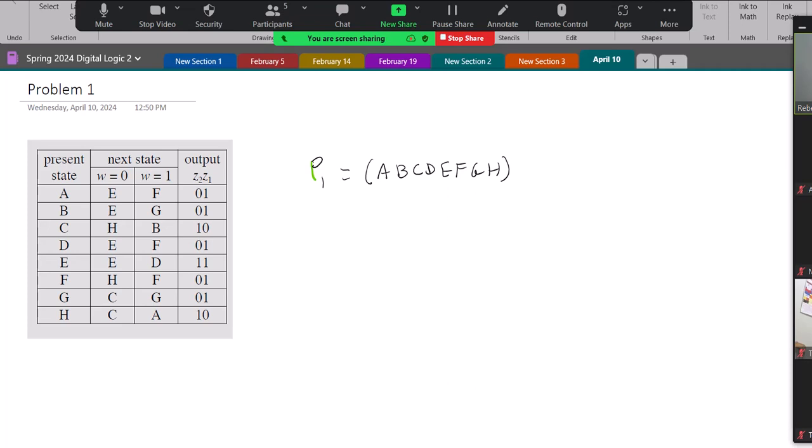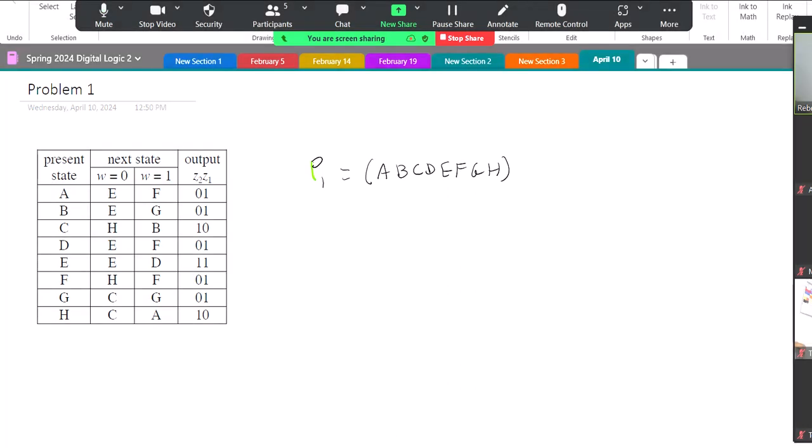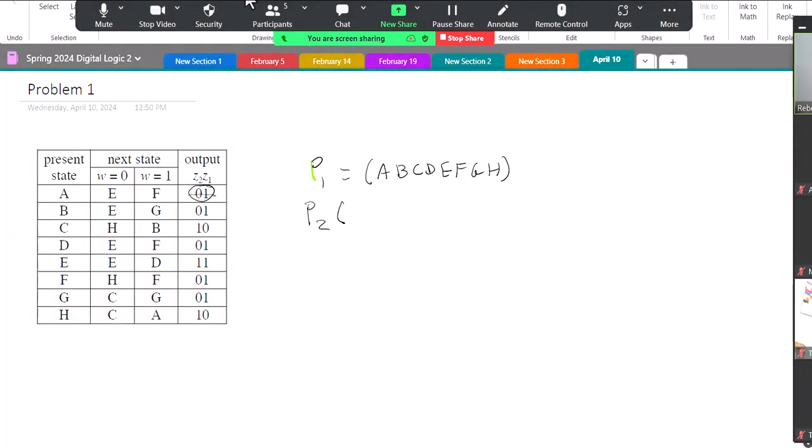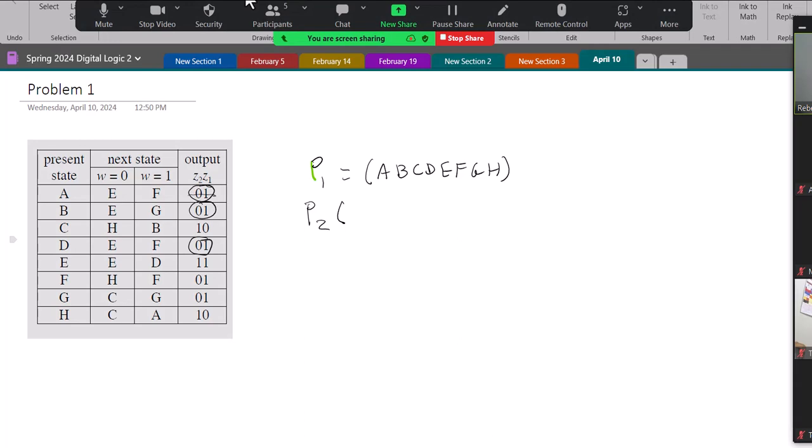Then for our next partition, we look at our output and divide it up so that things that have the same output are in the same partition. By the same output, if they have 2 outputs like we do here, Z2 and Z1, we mean everything is the same. So for our second partition, we put together everything that has 0, 1 as an output.